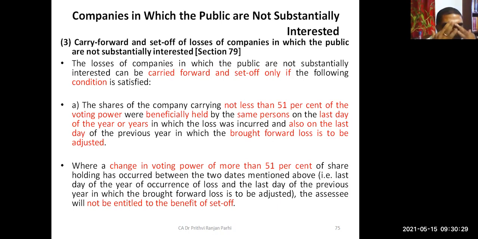That means not less than 51% of the voting power should continue to be with the same shareholders. If there is a change in shareholding beyond 51%, not less than 51% means 51% or more. If up to 51% shareholding has been changed, then loss cannot be carried forward. That means almost ownership is changed, it's a different company now.